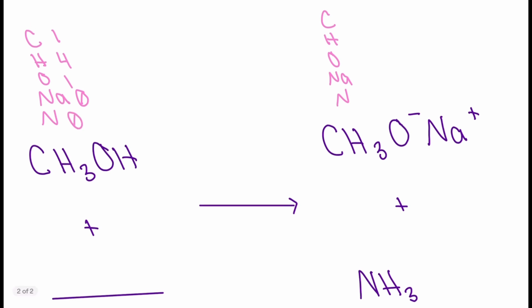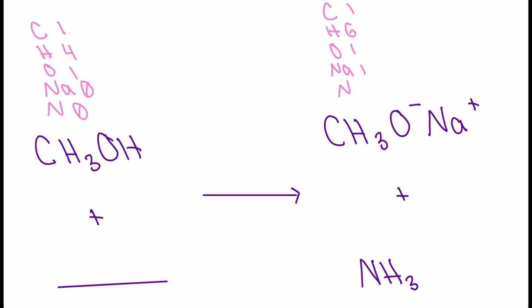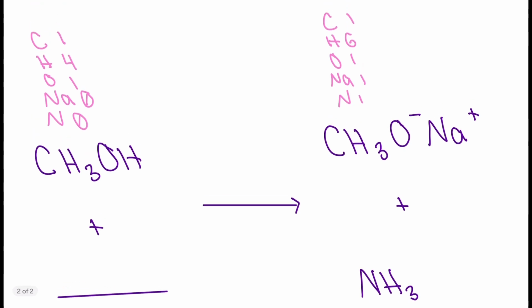Over here we have 1 carbon, but pay attention to the hydrogens. We have 3 here, and we have 3 down here, so that's actually 6 hydrogens. For oxygens, we only have the 1. Sodium, we only have the 1. And for nitrogen, we only have the 1. So we look and see what we're missing.